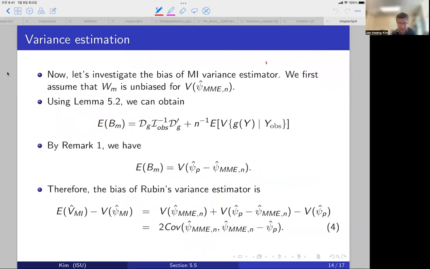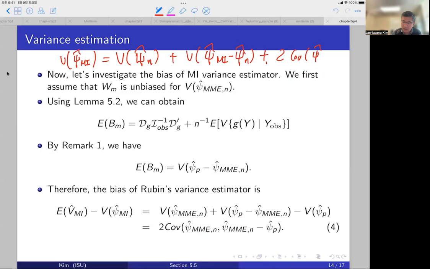So the variance of eta hat P minus MI is the variance of eta hat N plus the variance of eta hat MI minus psi N plus the covariance.